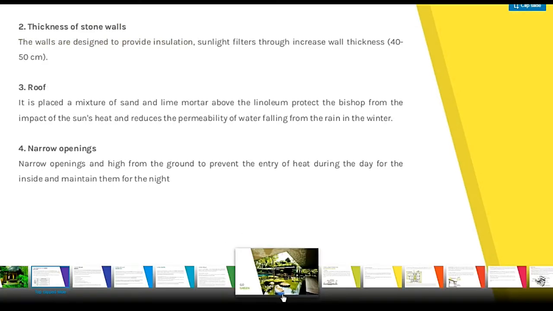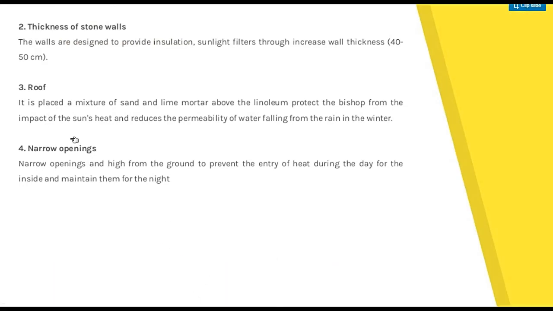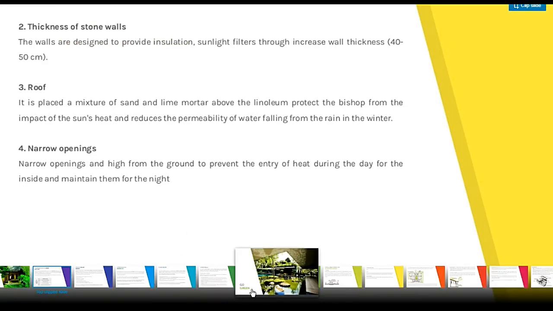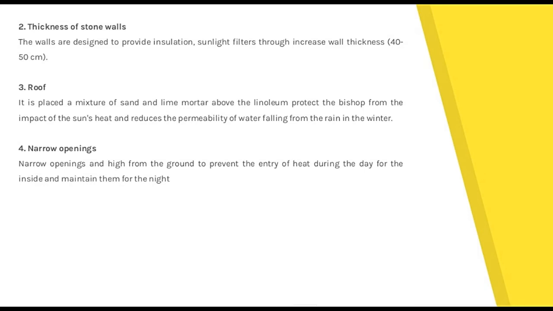What is the thickness of your stone walls? Roof and narrow openings. Why do we use narrow openings for green architecture? Narrow openings and high from the ground to prevent the entry of heat during the day for the inside and maintaining them for the night.